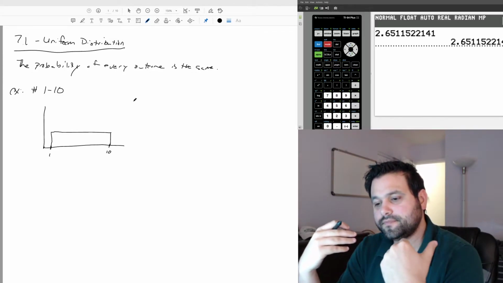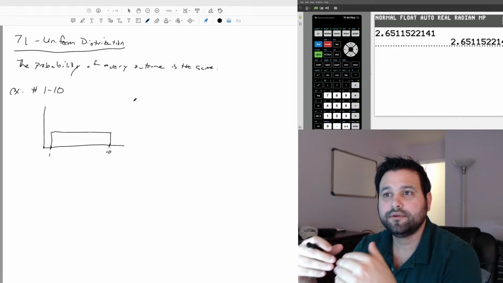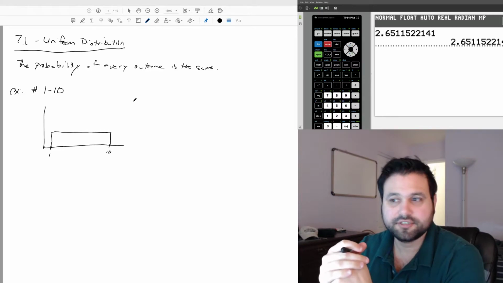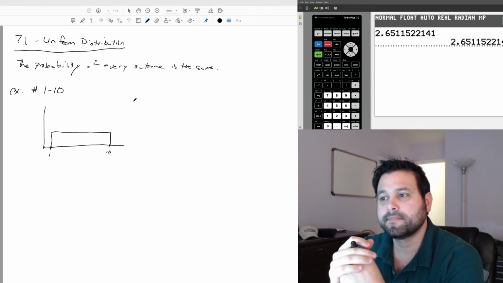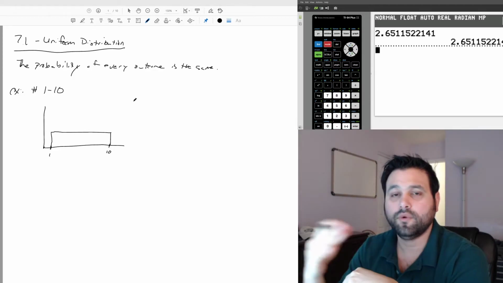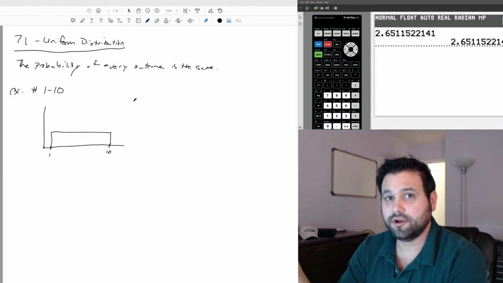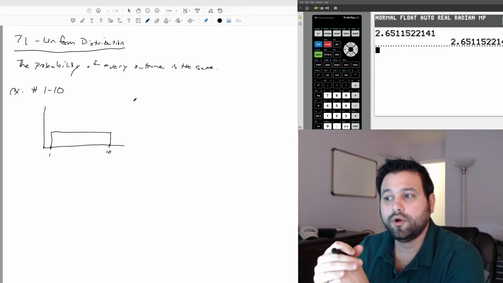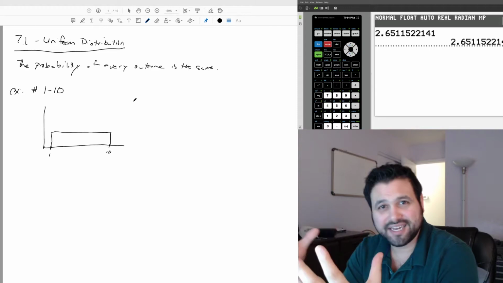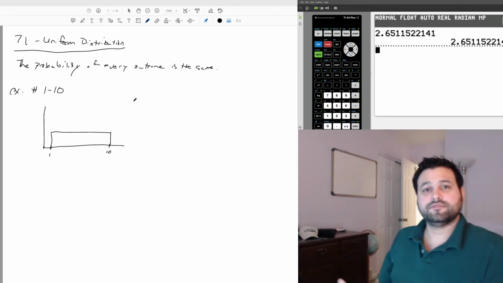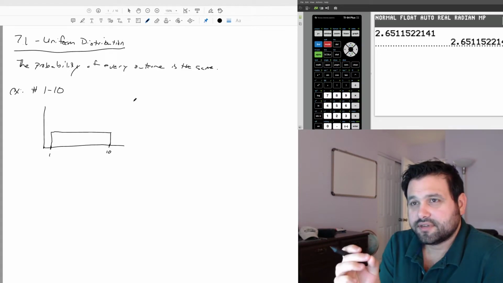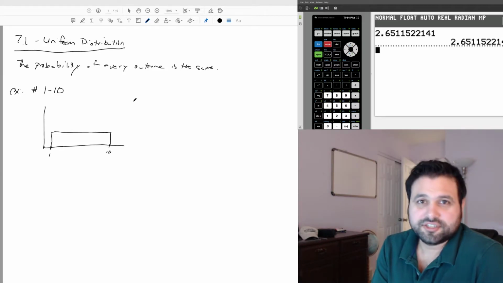Based on probability, we take the number of outcomes, so the number of times this number occurs between 1 through 10 is only once, and then we divide it by the total possible outcomes. How many numbers exist between 1 through 10, including all irrational and rational numbers? That's an infinite number of possibilities. So we're taking 1 and dividing it by infinity, which turns out to be essentially 0. So the probability of an individual value in a continuous distribution is essentially 0.